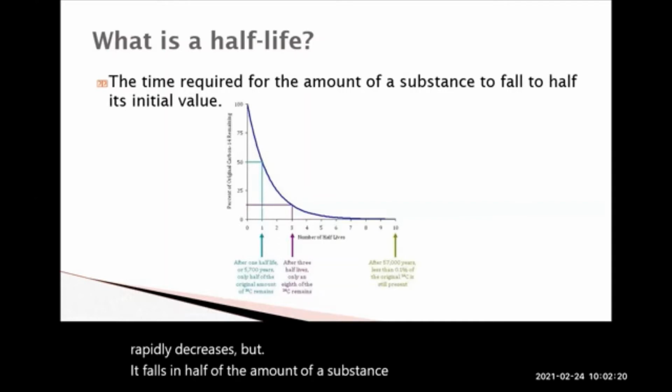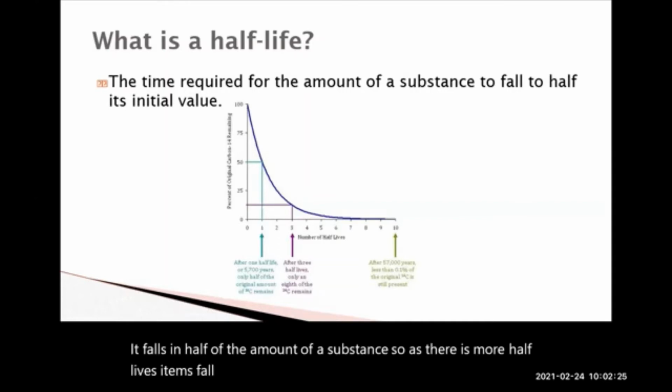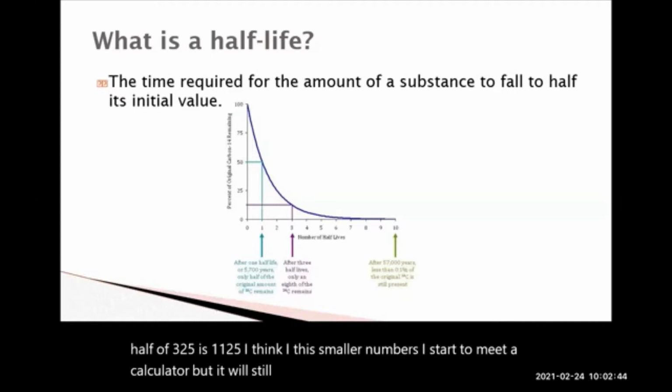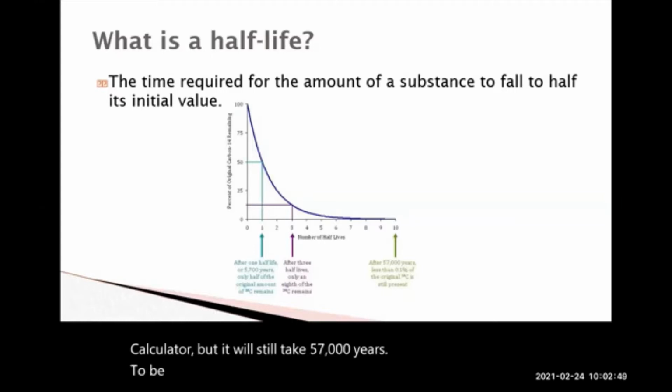As there are more half-lives, the amounts fall to smaller numbers. Half of 15 is 7.5, half of 7.5 is 3.75, half of 3.75 is 1.875. With smaller numbers I start to need a calculator, but it will still take 57,000 years to be less than the original 0.1%, because you keep getting half of a half, half of a half.